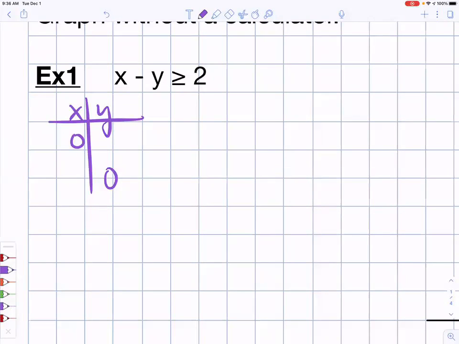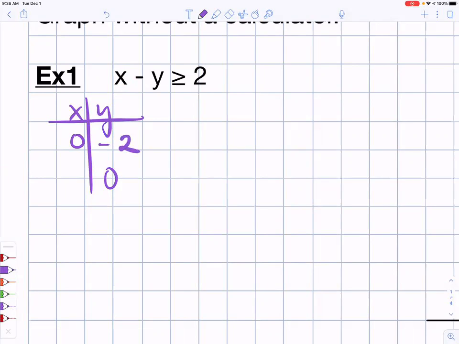So if you plug in a 0 for your x value, you want this guy to totally go away, right? Solve the rest of the equation. Again, pretend it's an equal to in there right now. What do you get for your y value? Y equals -2.